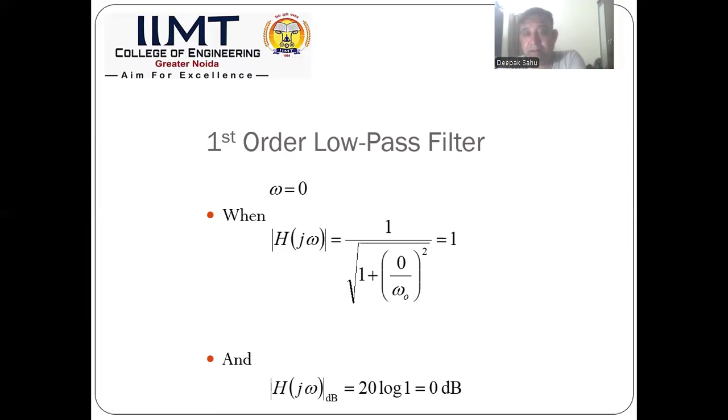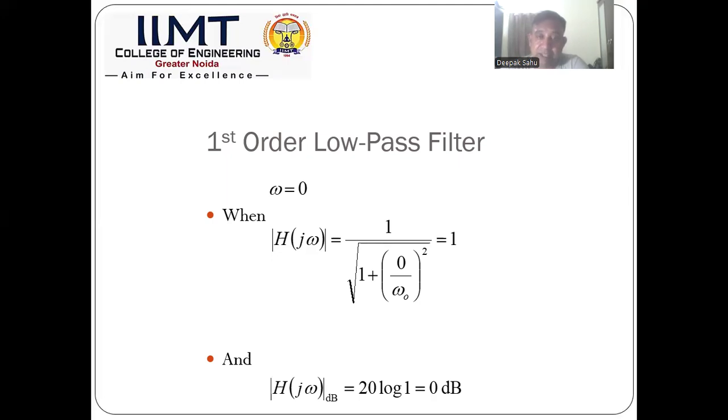We take down the various salient points to get a brief idea of how the curve behaves. For example, in our first, low pass filter, we have firstly taken omega equals 0, and omega naught represents the cutoff frequency, which is a constant for a particular filter. Omega will vary. So when omega is 0, this gives the highest gain, which is 1.